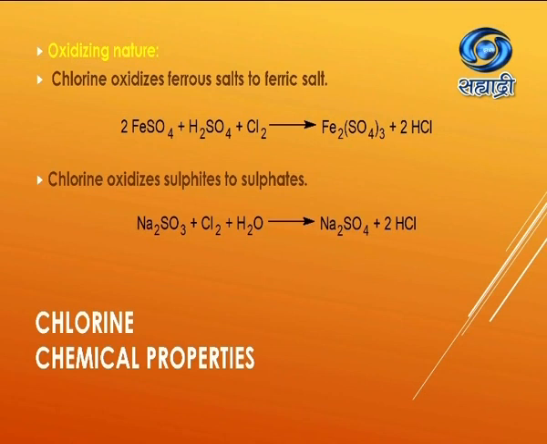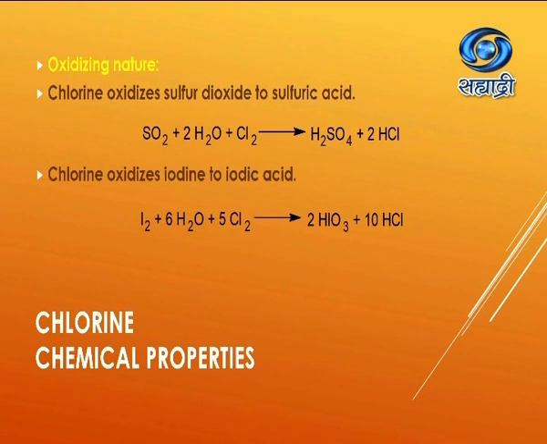Then chlorine oxidizes sulfites to sulfates. So sodium sulfite is converted into sodium sulfate by an equation: Na2SO3 plus Cl2 plus H2O gives Na2SO4 plus 2HCl. Then chlorine oxidizes sulfur dioxide to sulfuric acid.